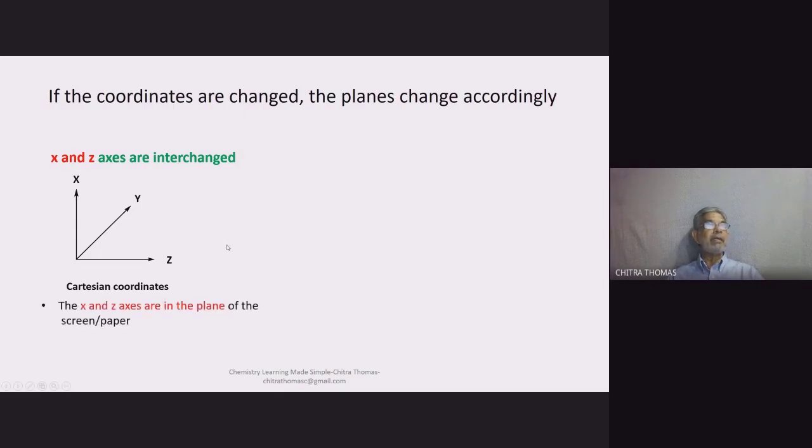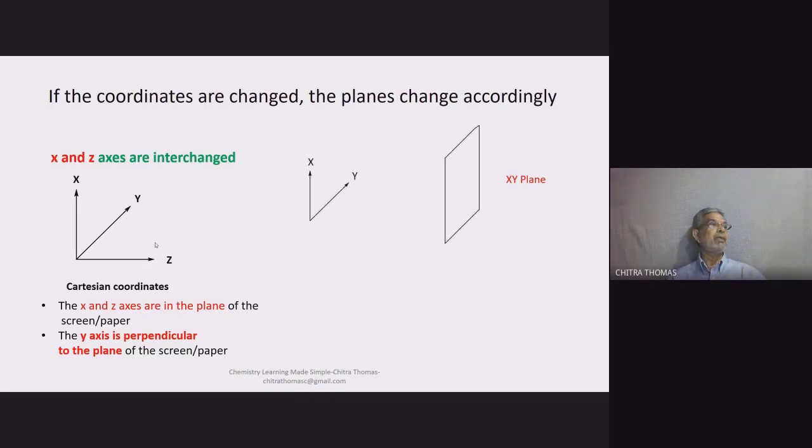Now you draw the XY plane for this Cartesian coordinate system. This is XY, this is XY.